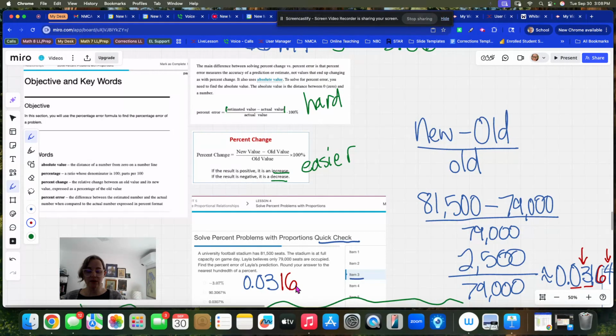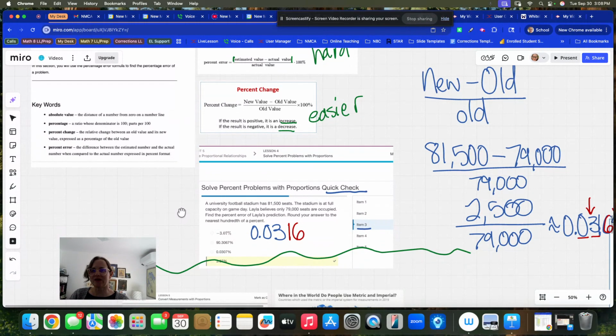And that is not one of my choices. So I've got to figure out what I did wrong. I'm really tempted to re-record this, but let me just see. If I move this green line, will it be correct? I hope. Okay, so they say the answer is 3.07.